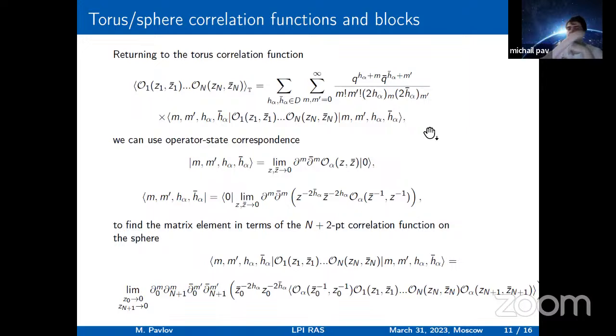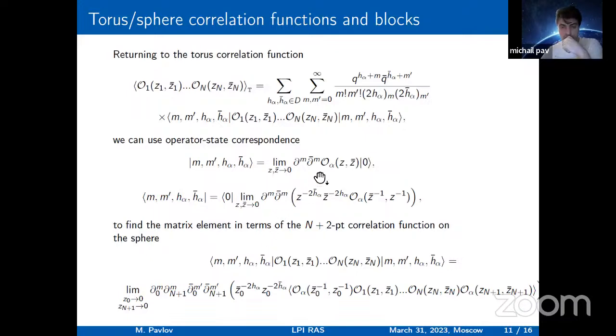Our idea to calculate this element is the following. We have these states here, and let us use the operator-state correspondence in order to go from this matrix element to the correlation function.